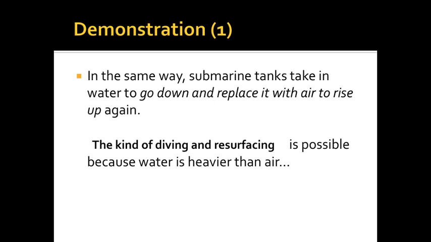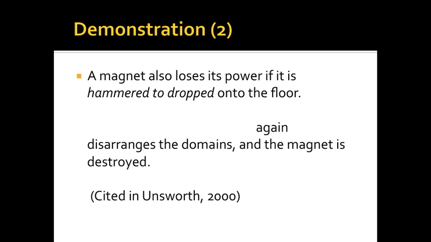Alright, now we look at another sentence. A magnet also loses power if it's hammered or dropped down to the floor. Hammered or dropped down to the floor is the rheme of the sentence. And the theme of the next sentence is blank, and I would like you guys to write down a noun form of is hammered or dropped down to the floor.